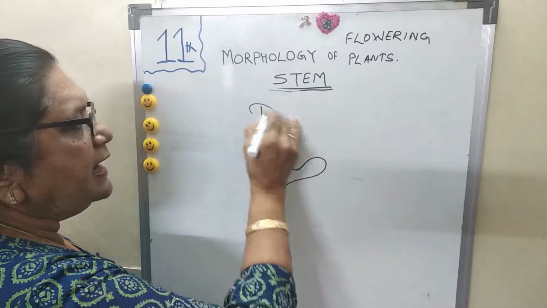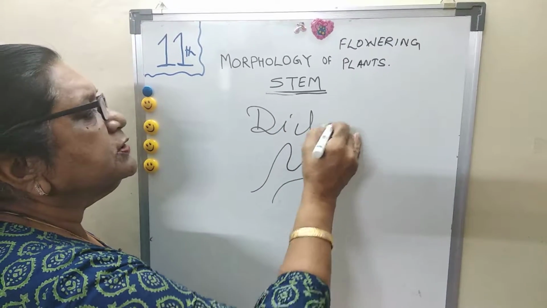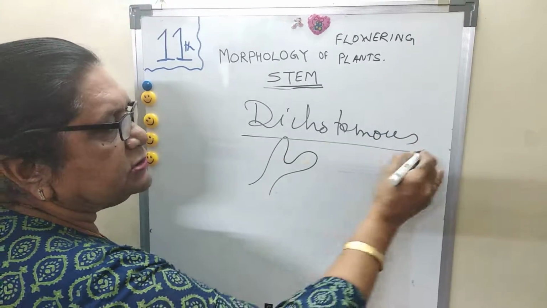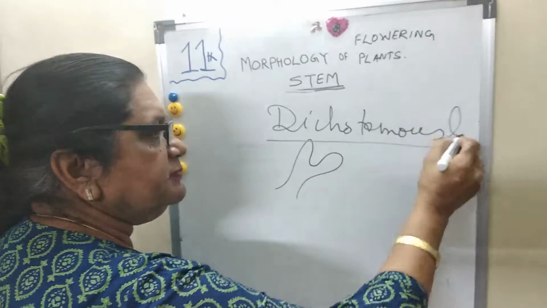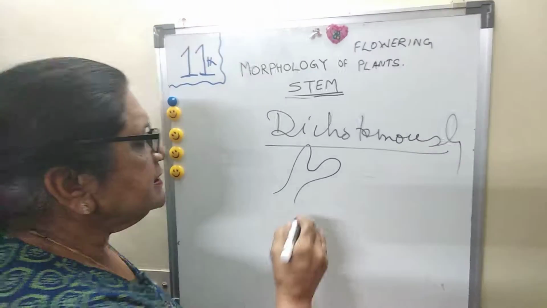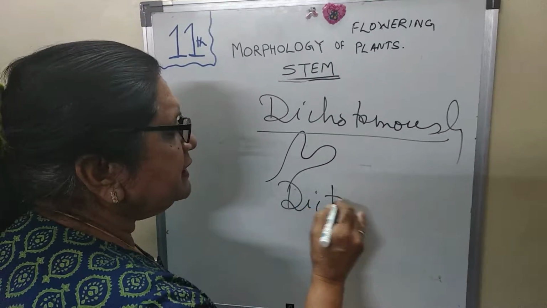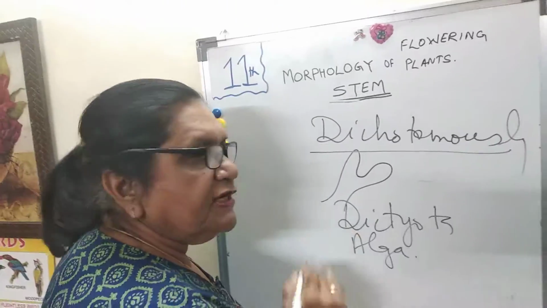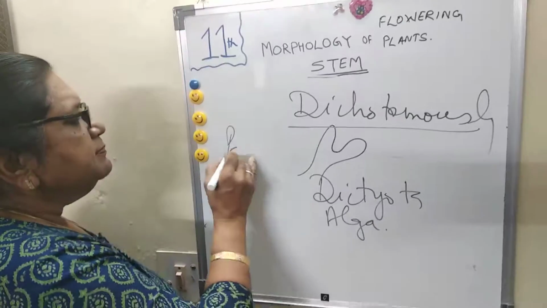In certain cases, they are branched dichotomously. Dichotomously branched means divided twice. It is a feature of Dictyota, that is an alga. In angiosperms, it is pendulous.